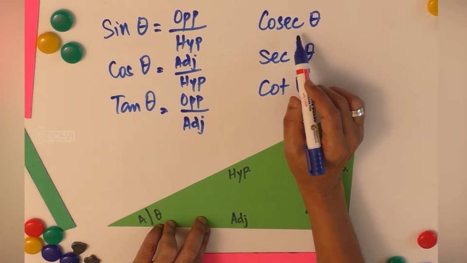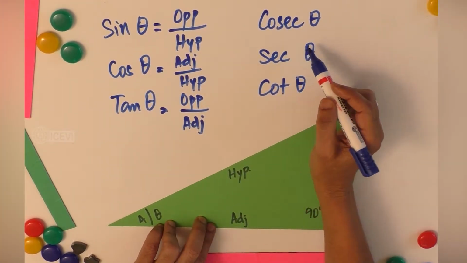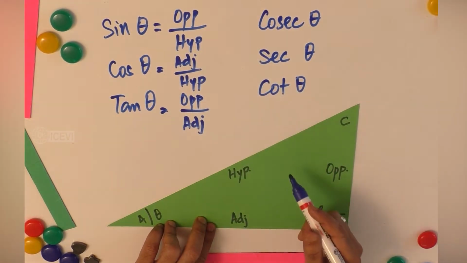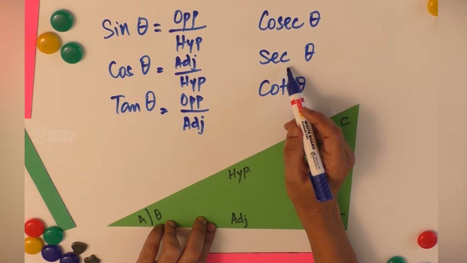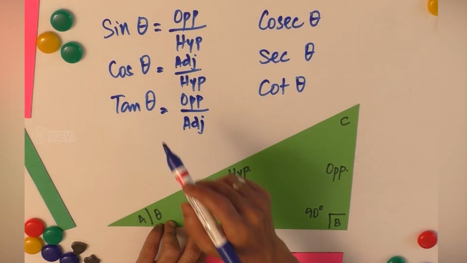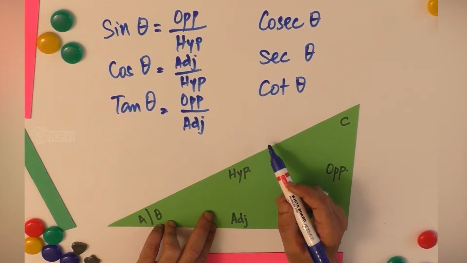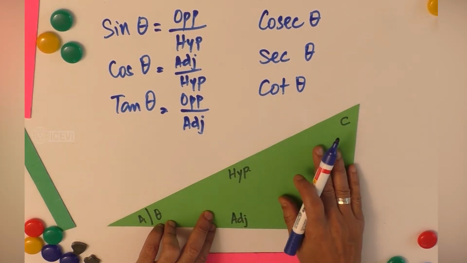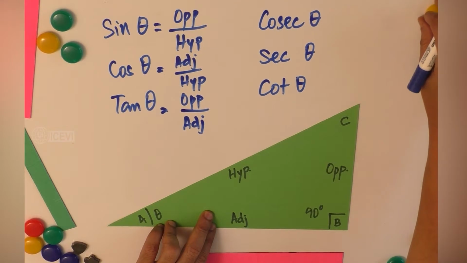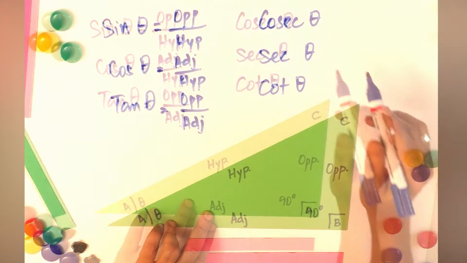Now, cosecant theta is just the opposite of sin theta, secant theta is just the opposite of cos theta, and cotangent is the opposite of tan theta. Let us see how we define that.